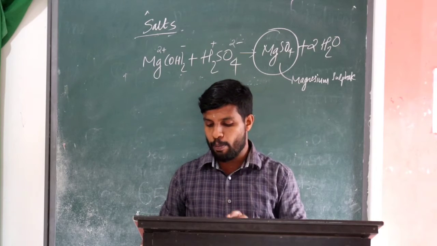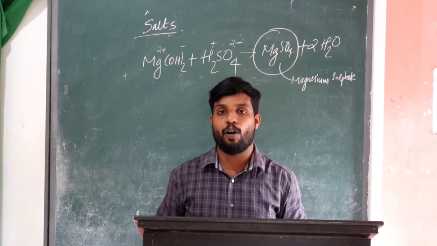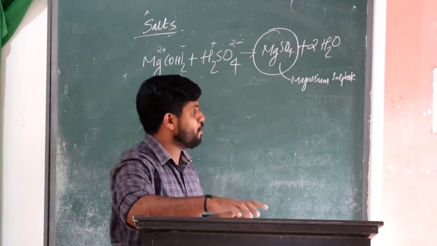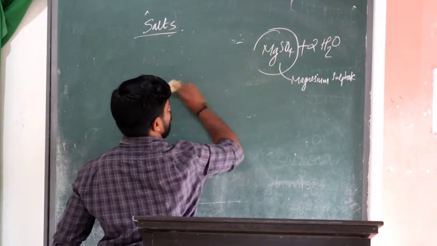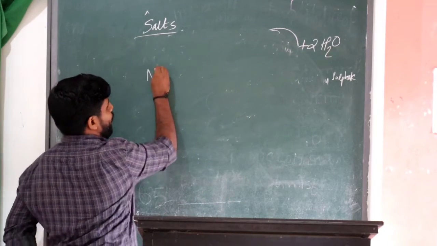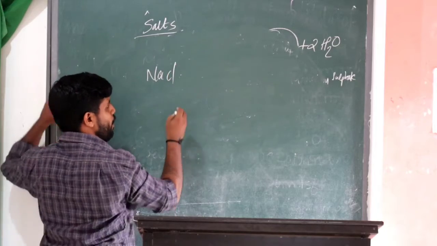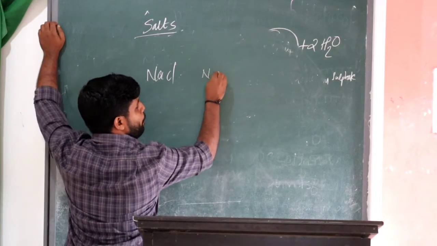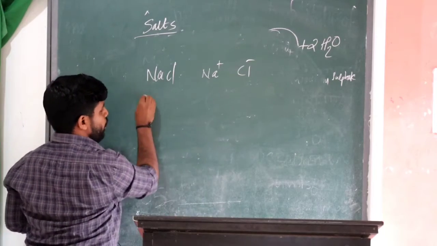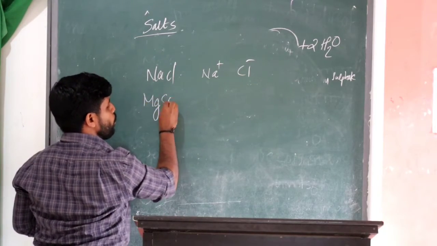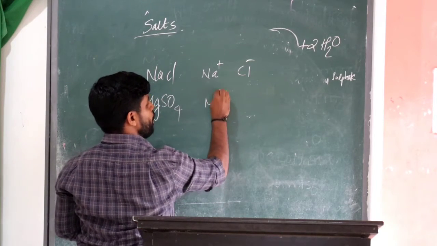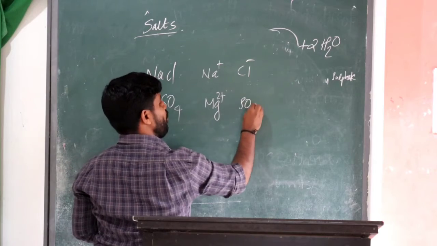So we can write the chemical formula of a salt if we know the ions. For example, sodium chloride, NaCl. The ions are Na+ and Cl-. If it is MgSO4, magnesium sulfate, the ions are Mg2+ and SO4 2-.